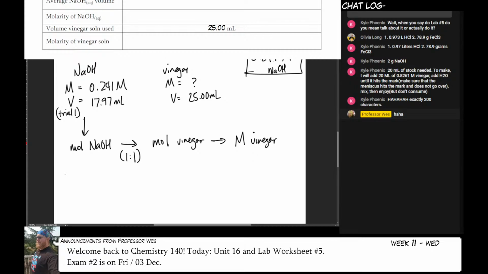All right, so let's do that for the sodium hydroxide real quick. So 0.241 moles per liter, and I used 0.01797. That's not a 7. There you go.